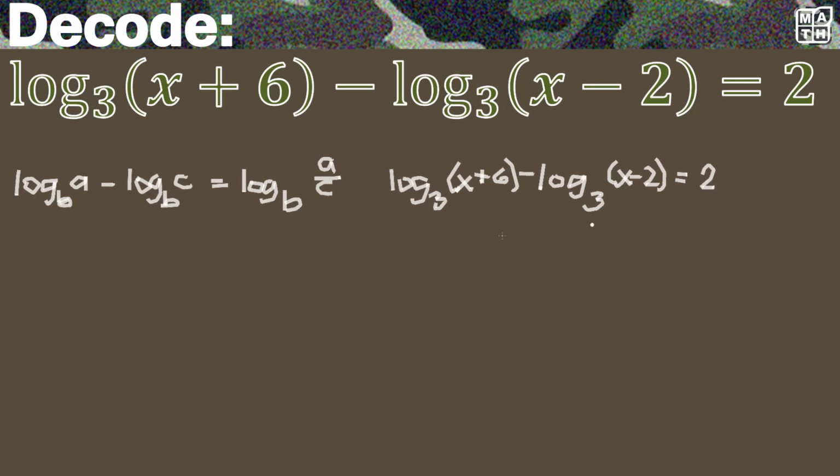The entire left-hand side can be rewritten into one logarithm of the same base, which is 3, and you will be having x plus 6, the first coefficient, divided by x minus 2. This would be entirely equal to your right-hand side, which is 2. So this is what we did, and we combined the two logarithms into one.